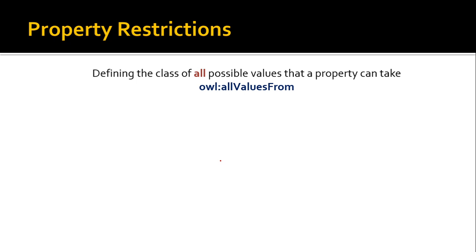So for example, you want that a property takes all the values from a particular class, right? If I want to define that cows eat only plants, we can take one cow, say C1.